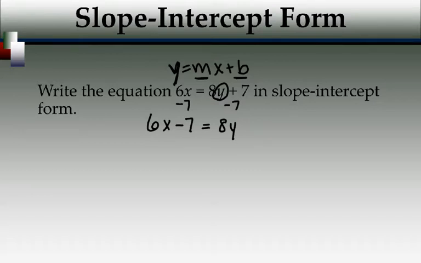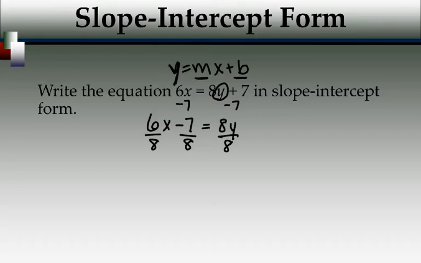Now, to get rid of the 8 on y, I'm going to divide everything by 8. Write it a little bit differently, but same thing. Divide everything by 8, okay? Because that's doing the same exact thing as dividing it all over 8.